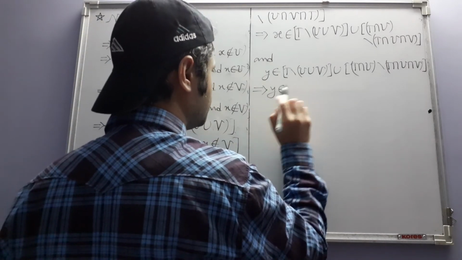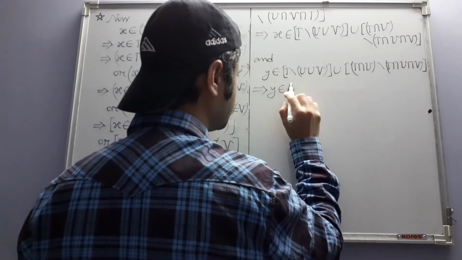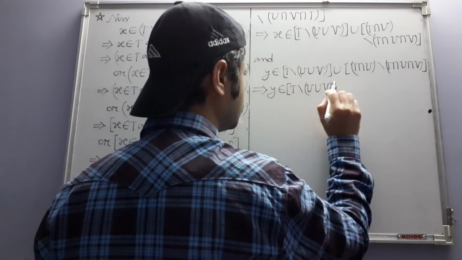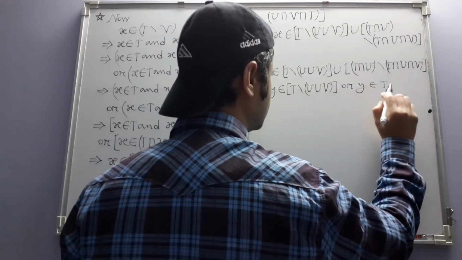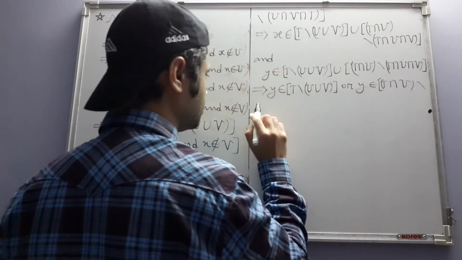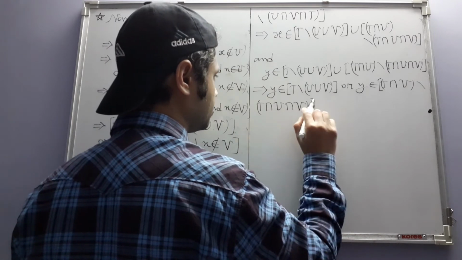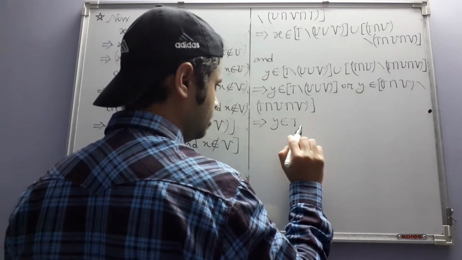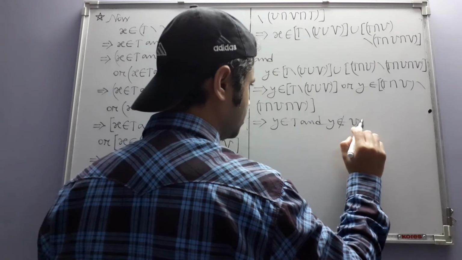So first of all, writing using just the definitions of these operations, union: y belongs to t difference u union v, or y belongs to t intersection u difference t intersection u intersection v. This implies y belongs to t and y does not belong to u intersection v.